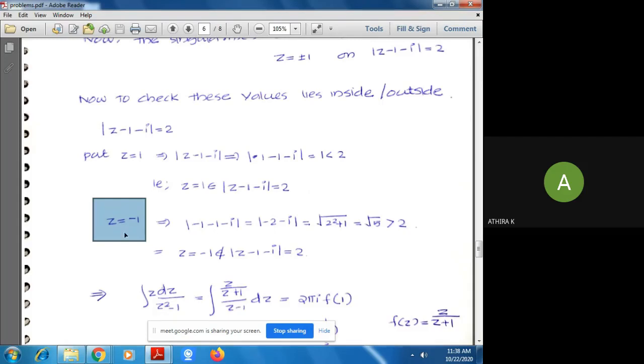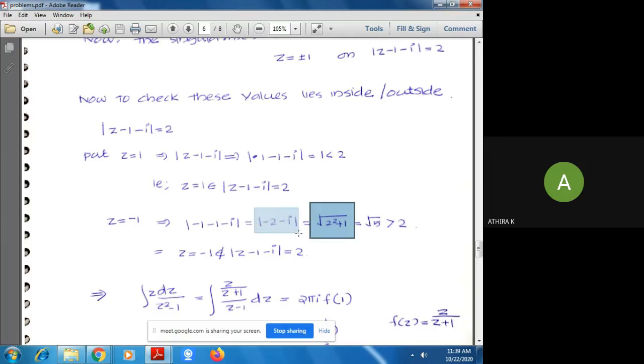So put z is equal to minus 1 in the equation, we get modulus of minus 1 minus 1 minus i, which is equal to modulus of minus 2 minus i. That is equal to square root of 2 square plus 1. We know that modulus of x plus iy is equal to root of x square plus y square, and we use this result here.